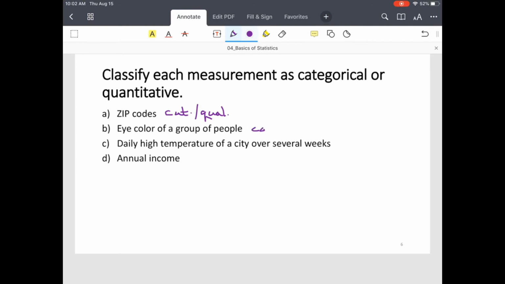So it describes, so it's categorical, or you can call it qualitative data. All right, daily high temperature. You can have an average high, so that's quantitative. And then annual income, again, you can perform some type of calculation. So that's quantitative. All right, so remember, categorical or qualitative data describe. Quantitative data, you can perform some kind of calculation.